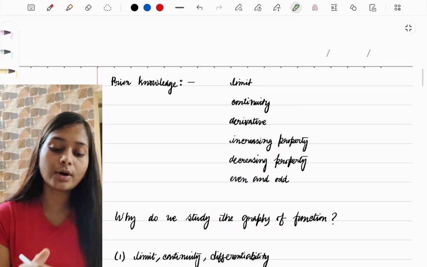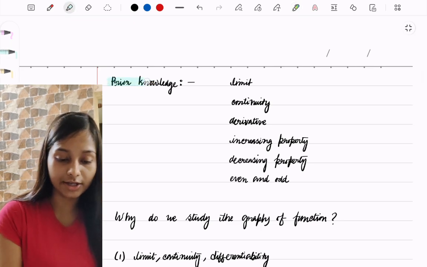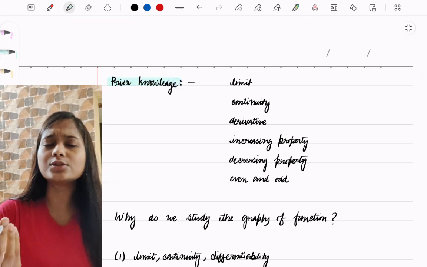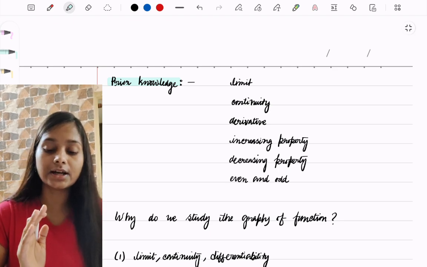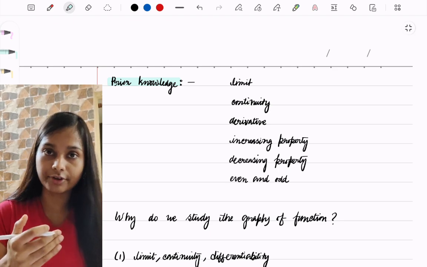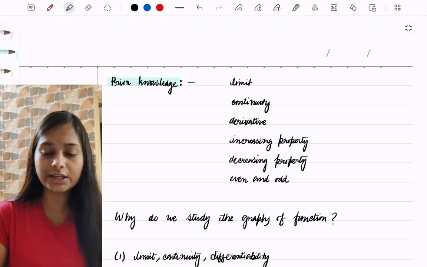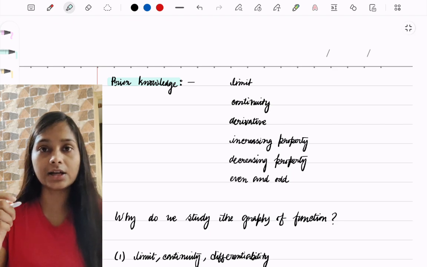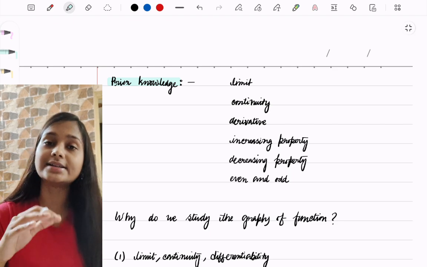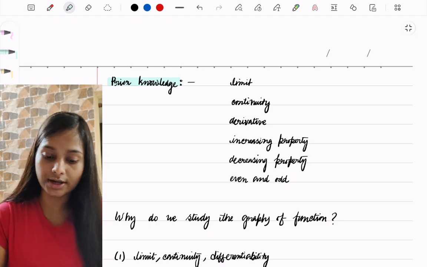Though I am saying it about prior knowledge, there is no need for any prior knowledge, as I'll be discussing all the things during each of the graphical presentations of those functions. So here we need to discuss limit, the definition of limit, like limit x tends to 0, what are the limit properties, different kinds of limit formulas.